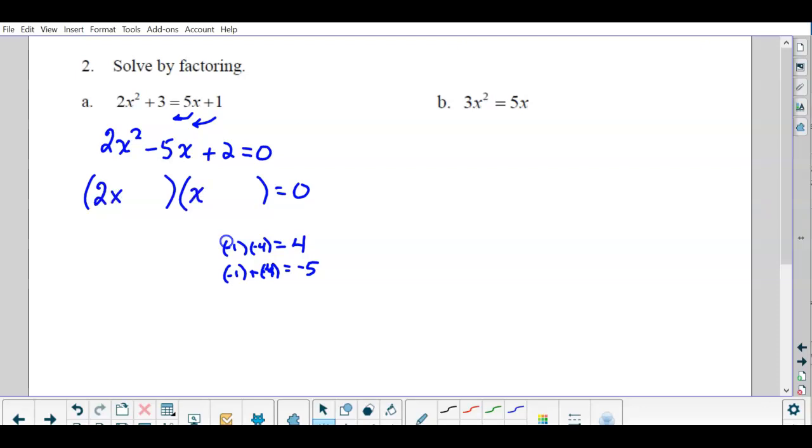Then in order to get negative 4x, I'd have to multiply 2x by negative 2 for the outside terms. And then negative 1, or subtract 1, is the constant on the inside. So then your solutions: remember, opposite sign of the constant, divide by the coefficient. Opposite sign. And we often put those in the squiggly brackets for the solution.